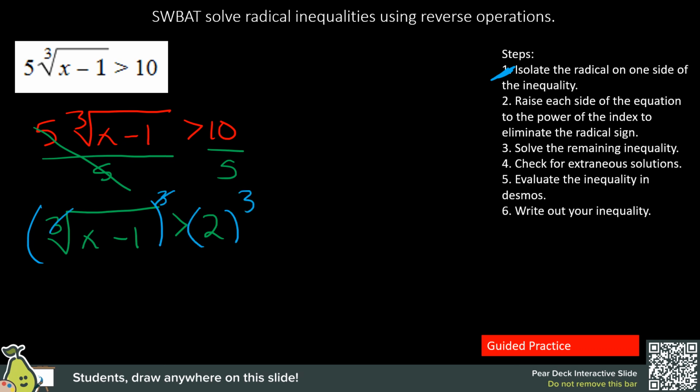Third power and third root simplify out, leaving us with x minus 1 is greater than 2 to the third. Well, 2 times 2 is 4, times 2 is 8. So step 2 is done. Solve the rest of this. So we add 1 to both sides. I would have x is greater than 9.